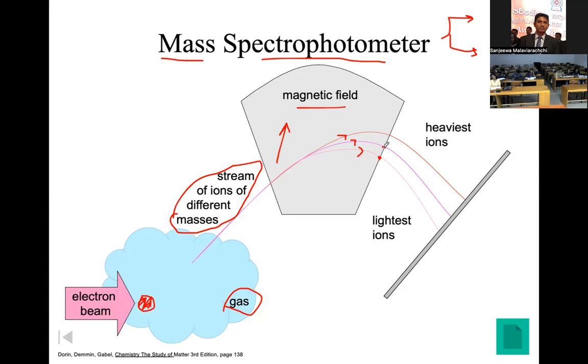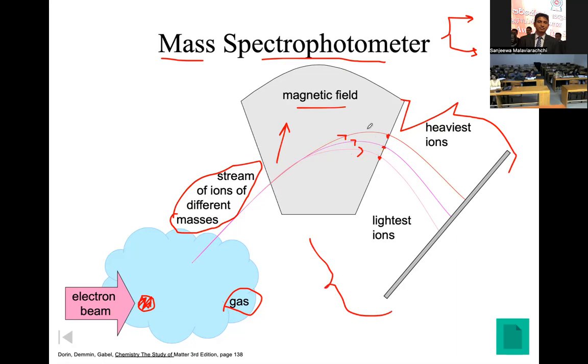Based on the speed, you will see different masses hit in different places. We call this section the detector, right? So all these things will hit there and be separated.